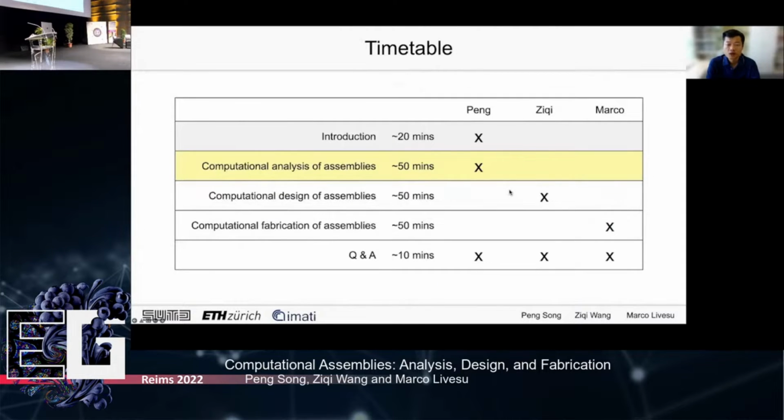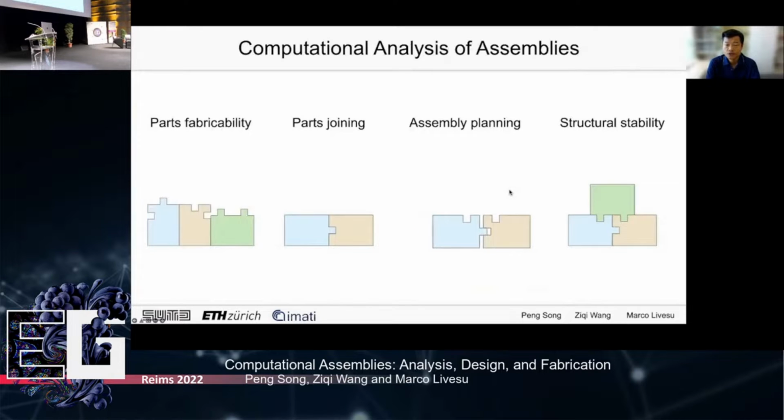In the second part of this tutorial, I will introduce computational methods to analyze different aspects of given assemblies. In particular, we focus on 4 different aspects of assemblies in this tutorial. Parts fabricability, how to define if a given part shape is fabricable by a specific digital fabrication technique.